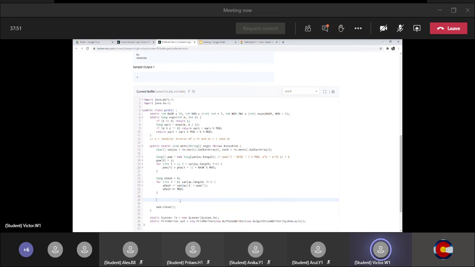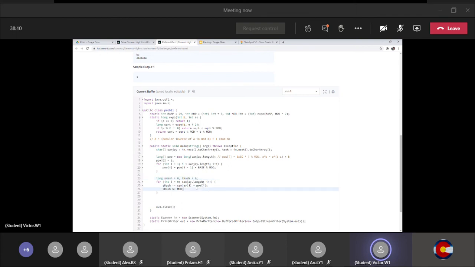And then now we need to go through every substring of the text. So we first need to establish a starting hash, because in order for us to do a rolling hash, we have to start with the hash and then build off of that.